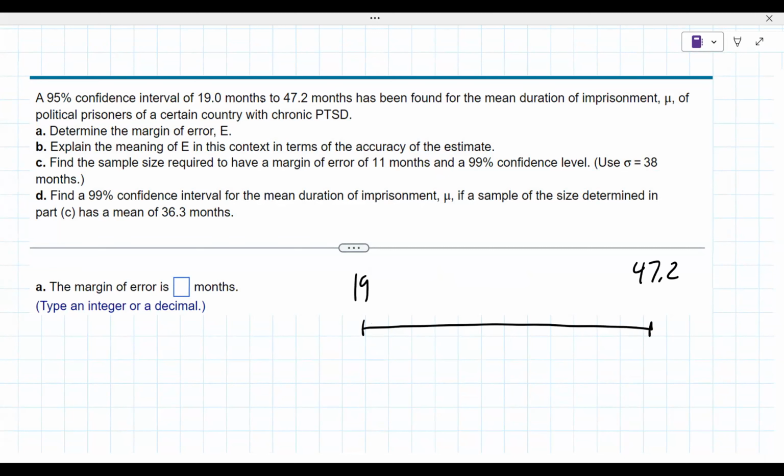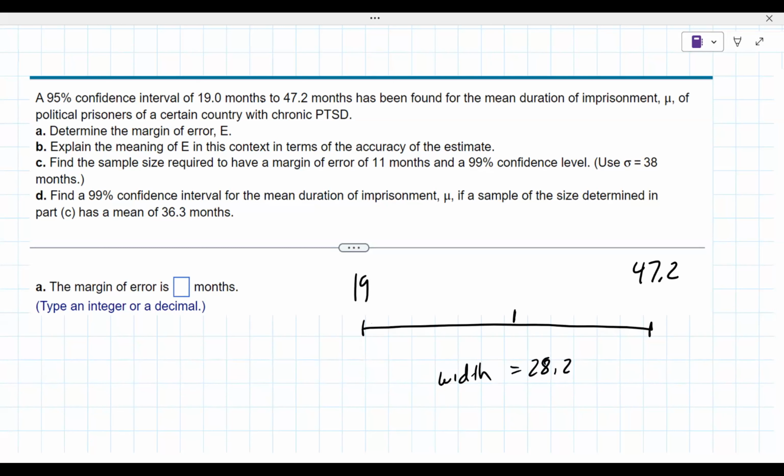Can you give me this width, please? Can you subtract 47.2 minus 19? Got it. 28.2. All right, so it's 28.2.